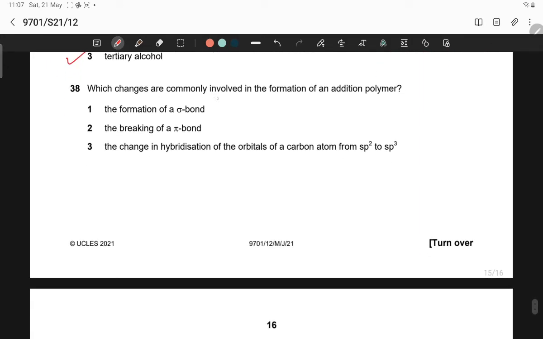Which changes are commonly involved in the formation of an addition polymer?